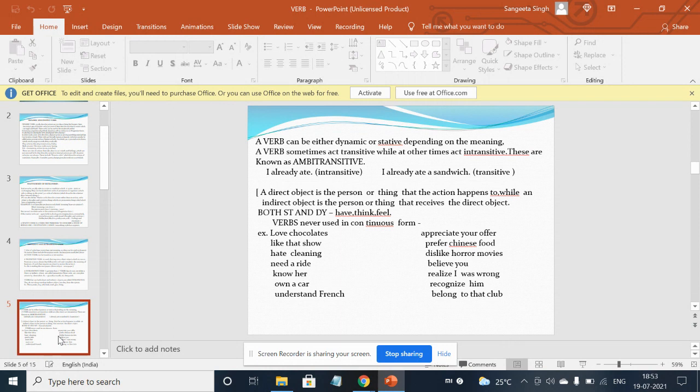Verbs never used in the continuous form are love, as in I love chocolates, like, as in I like that show, hate cleaning, need a ride, know her, understand, appreciate, prefer, dislike, believe, realize, recognize, and belong, etc.